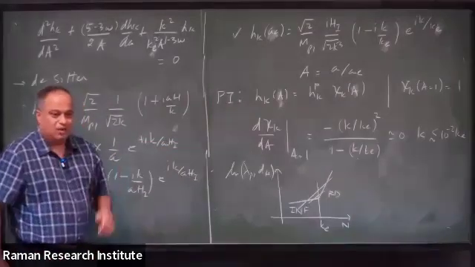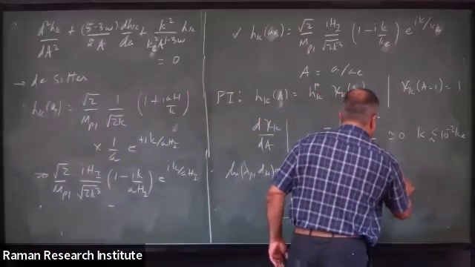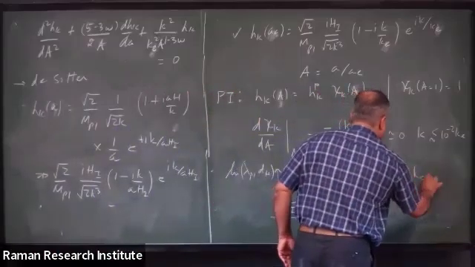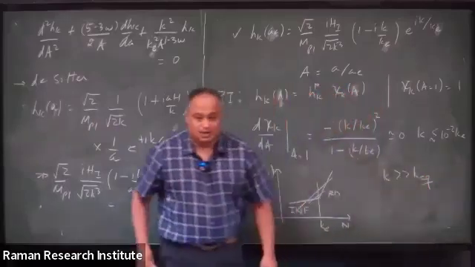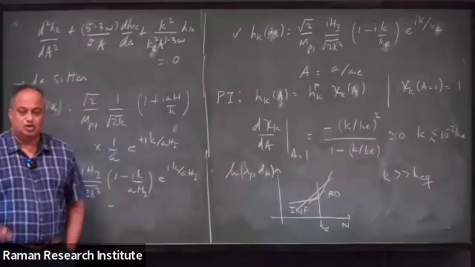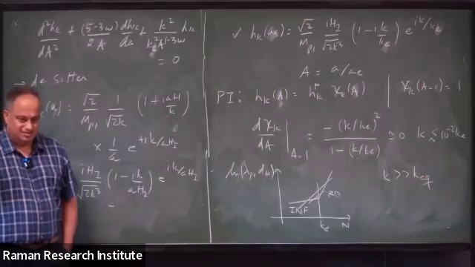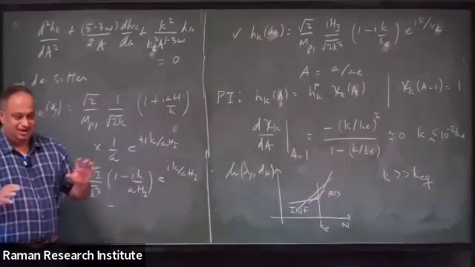And the other point I need to mention is that we are going to focus on scales such that k is reasonably larger than k_eq. That's right, k is much greater than k_eq. So what does this mean? All these modes re-enter during the radiation dominated era.